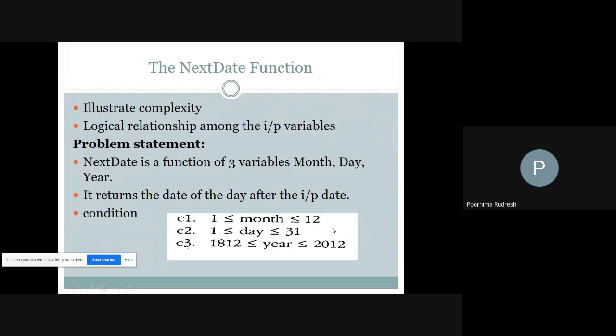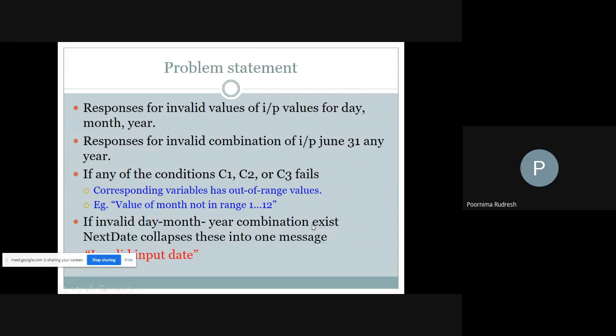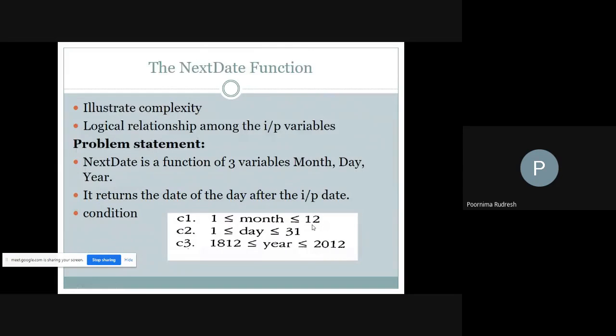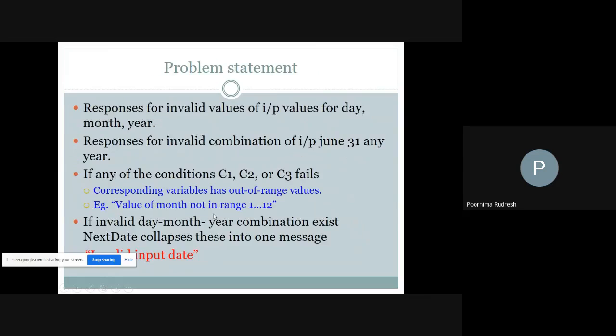Or if we enter February 30th, then also it will display the error message, because any one of the conditions fails. If any one of the conditions fails, then it will display error messages corresponding to out of range values. One more example: the value of month is not in the range 1 to 12. If I enter the month as 20, then it will display the error message as value of month not in the range 1 to 12.